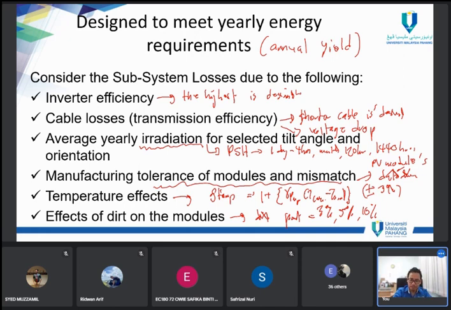At that time, the dirt factor is higher than a normal place for PV installation. Okay, so these are the factors that need to be further detailed and considered for the third criteria, designing the PV system based on the dedicated annual energy yield. Okay, annual energy yield.